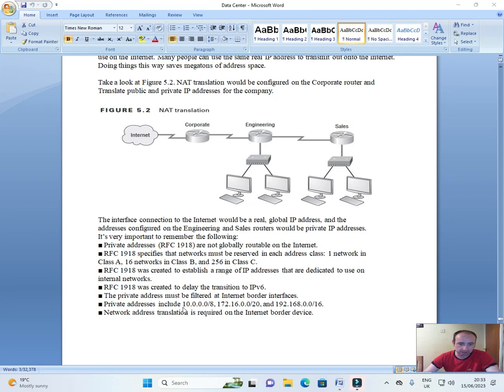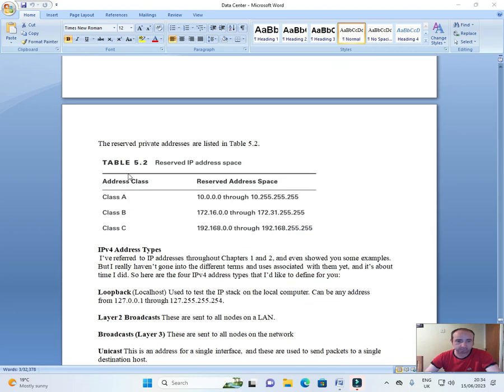Private addresses include 10.0.0.0/8, 172.16.0.0/12 and 192.168.0.0/16. Network address translation is required on the internet border device. The reserved private addresses are listed in table 5.2.